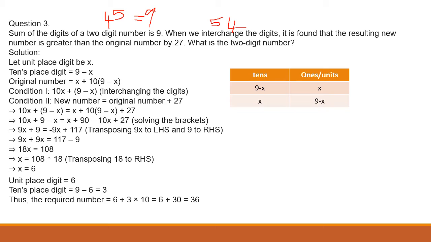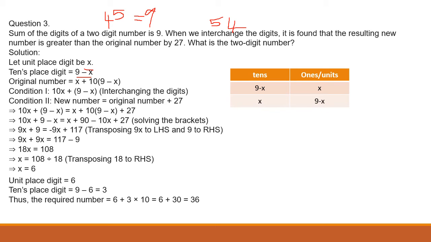Then the 10's place digit becomes 9 minus x, because the sum of the digits is 9. So if it is x, in 9, x goes, which means the remaining digit comes to the 10's place. So the units place digit is considered as x, and the digit in the 10's place is considered as 9 minus x.